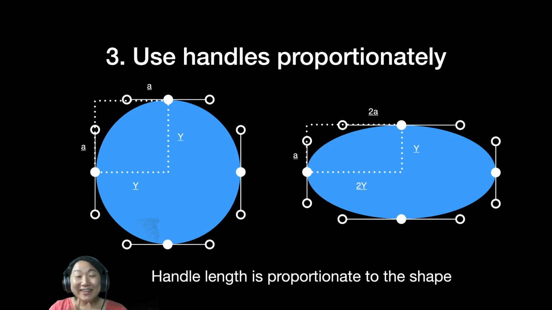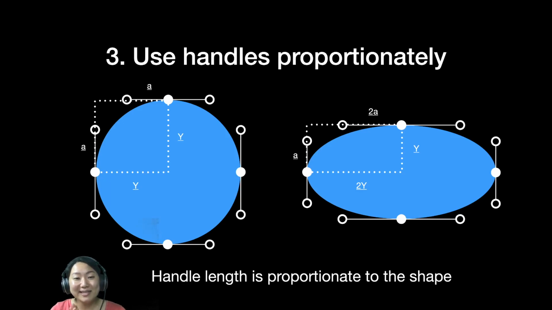So the third one is to use your handles proportionately. Remember earlier how we were talking about how Bezier curves are math? So just respect that if you keep a good proportion of the off-curve handles to the shape, that will probably give you better control of your contour.